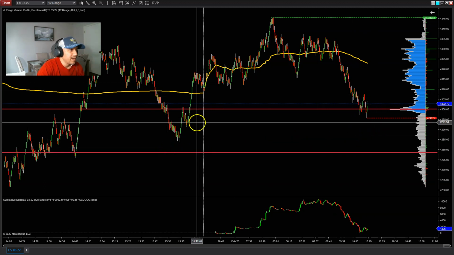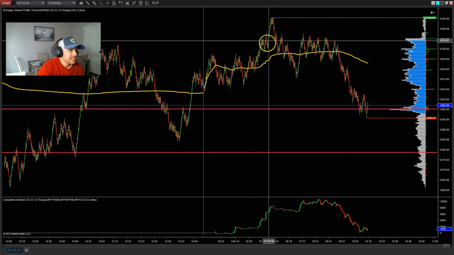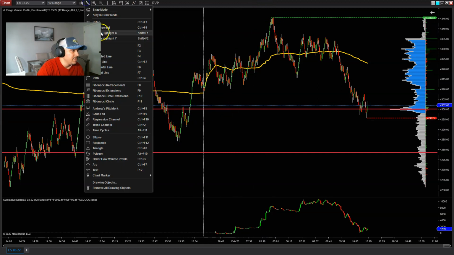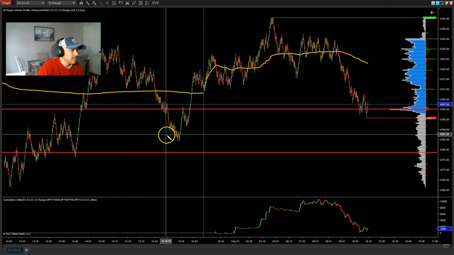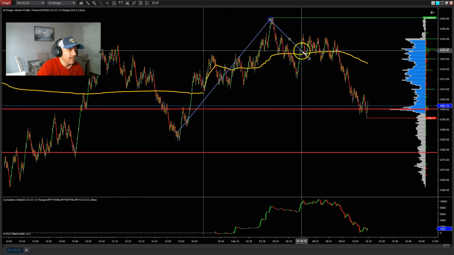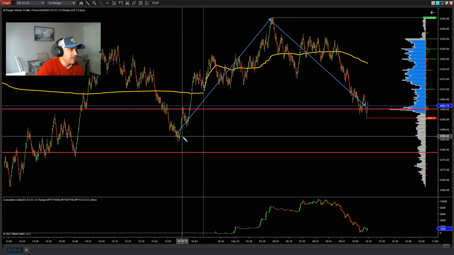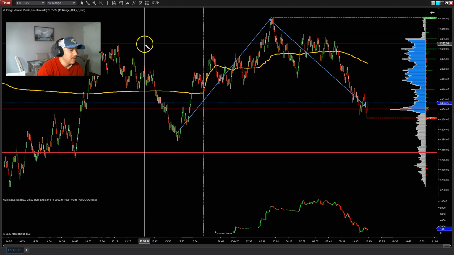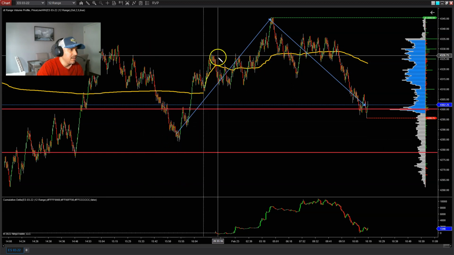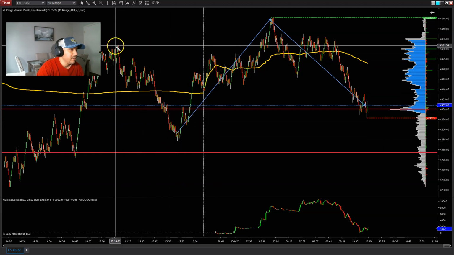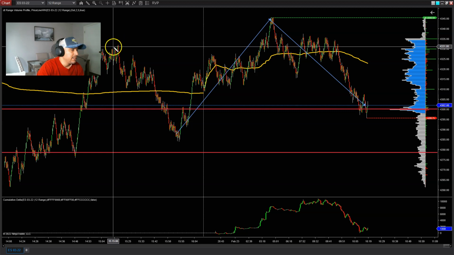So right now we have price making this leg to the upside. I'll show you this. Price making this leg to the upside, pulling back. Here's your high right here, here's a low right here. So price stair-stepped to the upside, taking out this structure, taking out this high right here, which was resistance.